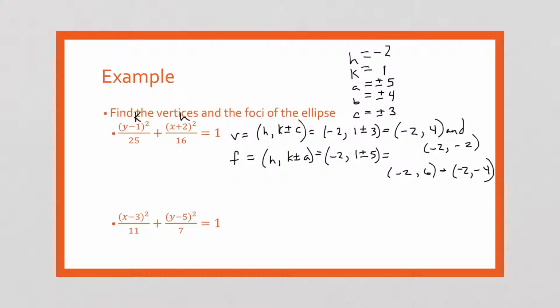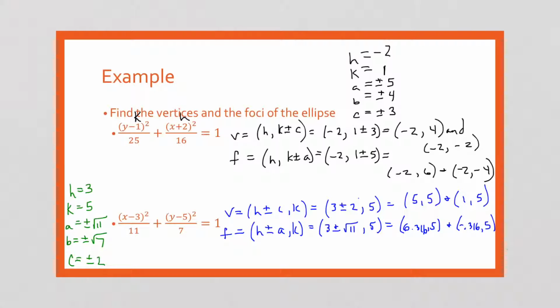And now, you'll notice on the second example, we have a leading equation with x. And so go ahead and pause the video again and attempt the second example. Go ahead and check your answers for this one. Notice the only difference is that now, instead of adding and subtracting from k, we're adding and subtracting to h.